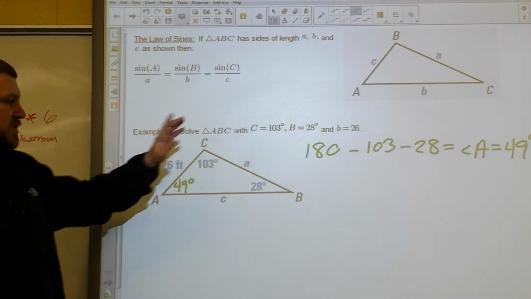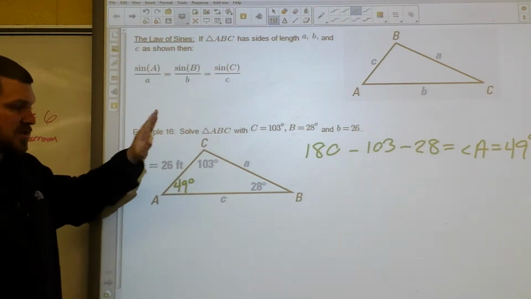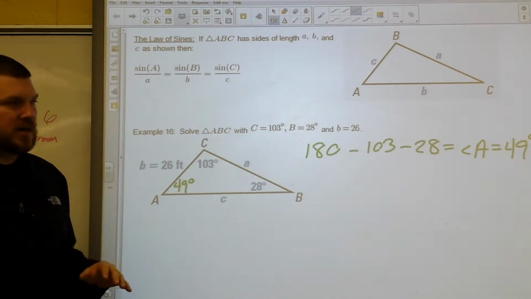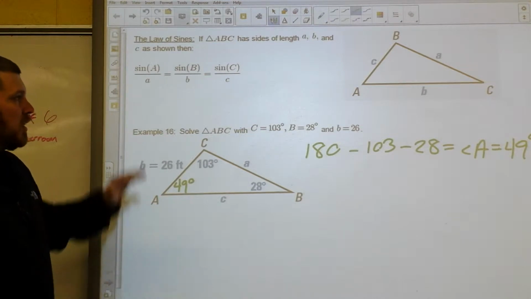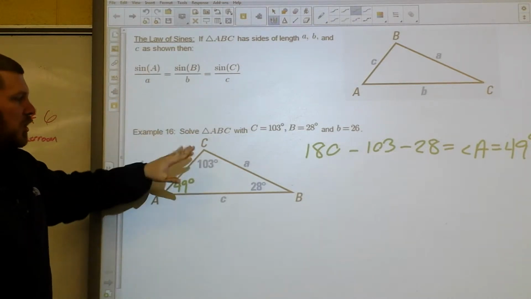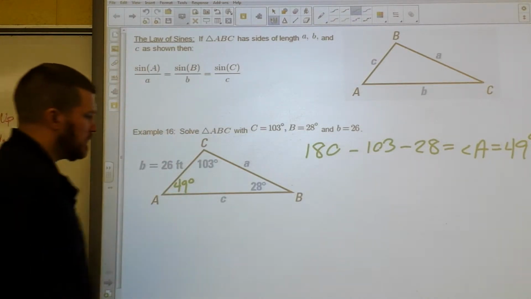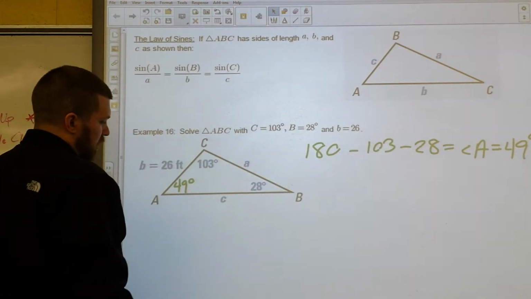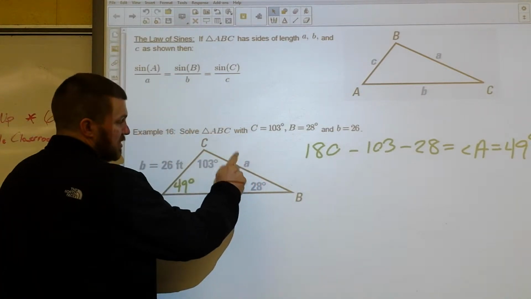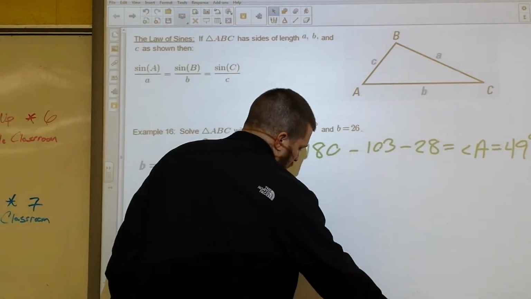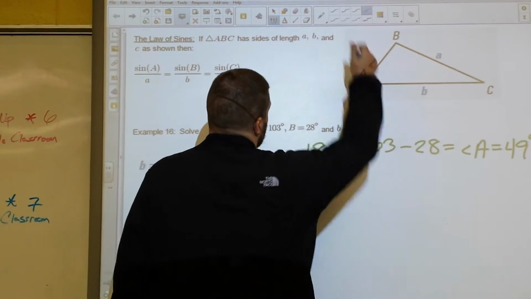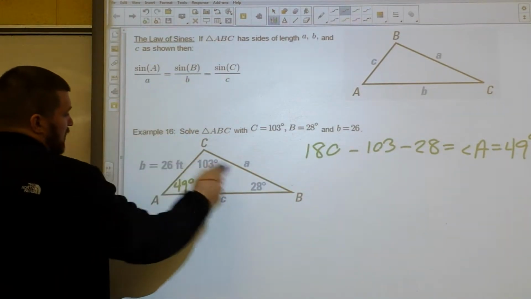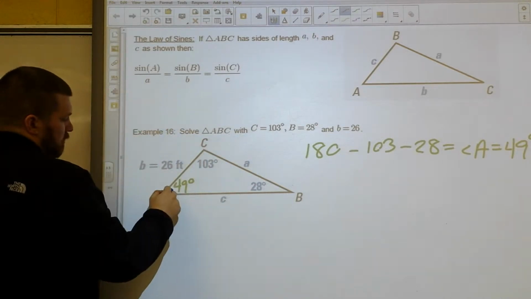Now to find side A and side C, since this is obviously not a right triangle, I can't just do sine, cosine, tangent like I did in the last chapter. The only tool I have available to solve this triangle now is the law of sines. So I'm going to use my rule, write it up here, and plug in what I know. I want to start by finding side A. I'm just going to go in alphabetical order. You do not have to go in alphabetical order unless you want to. To do side A, I need to know angle A, which I have.